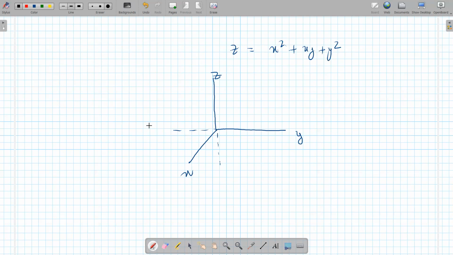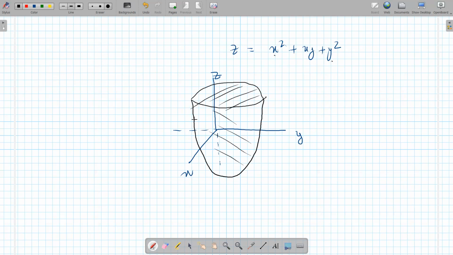It's very difficult to visualize, but I would assume, so what do we have? We have a quadratic, right? It'll be like a semi-sphere in 3 dimensions. Something like this. Okay? That's what I think it would look like.